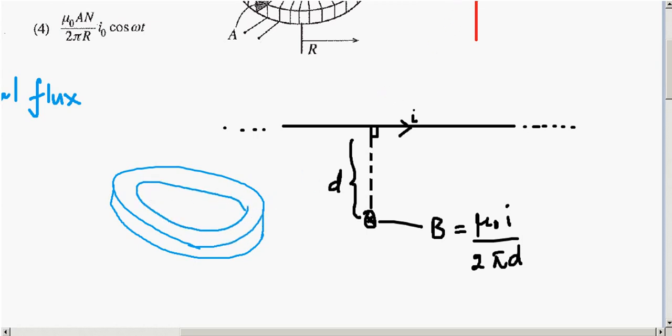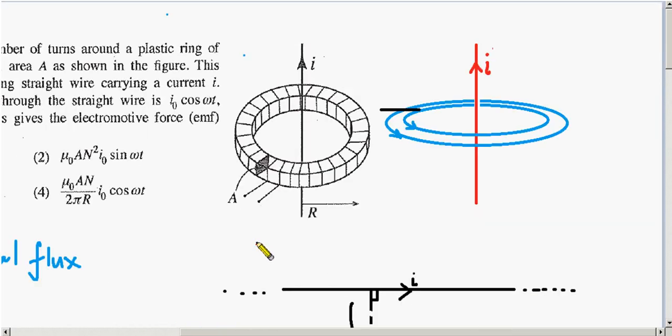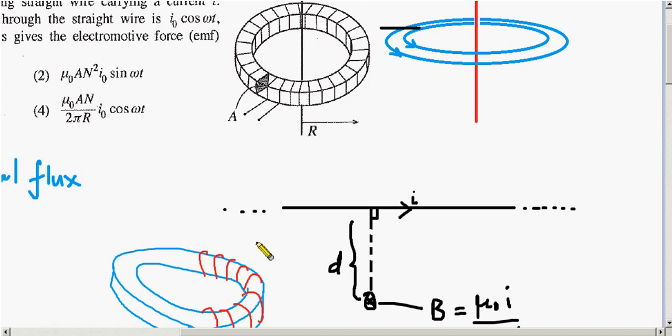So the coil is wound around this, like this we wind it. So that is how this diagram is drawn.